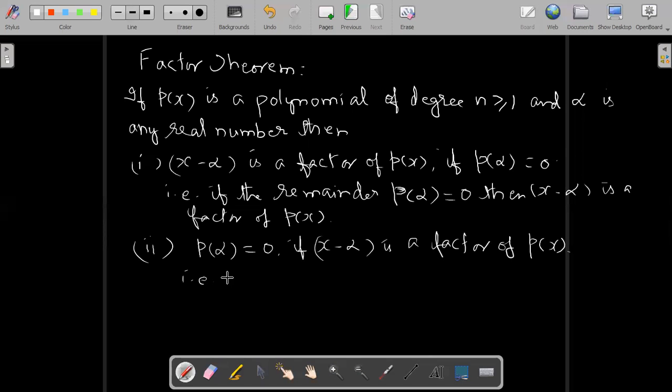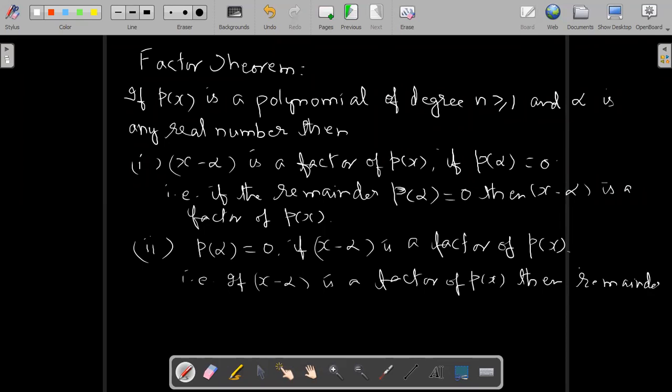In easy language, if it is given in the question that x minus alpha is a factor of px, then we can equate it to 0. Then the remainder will be 0.